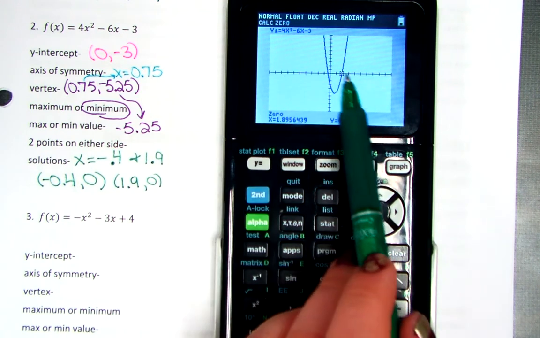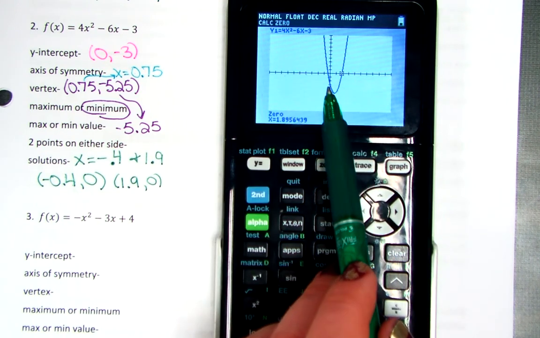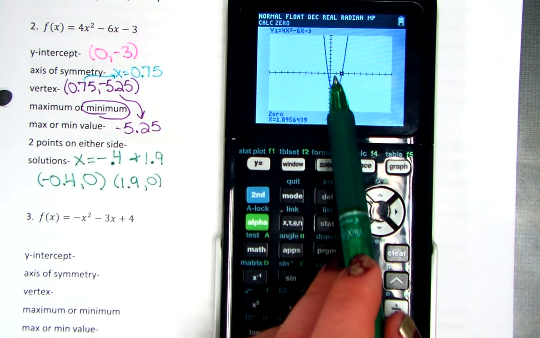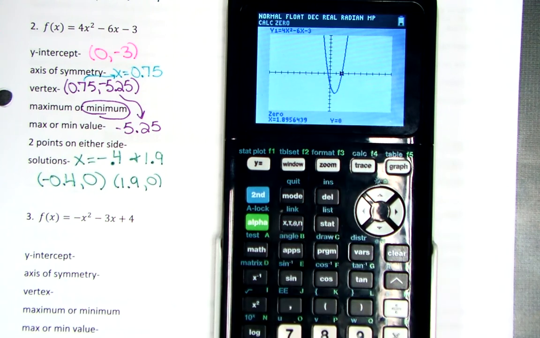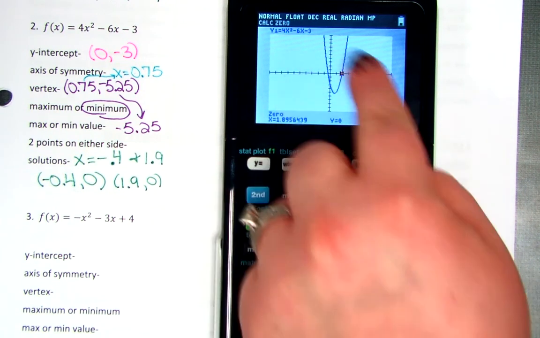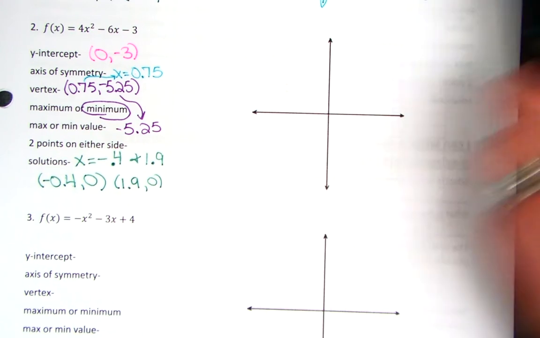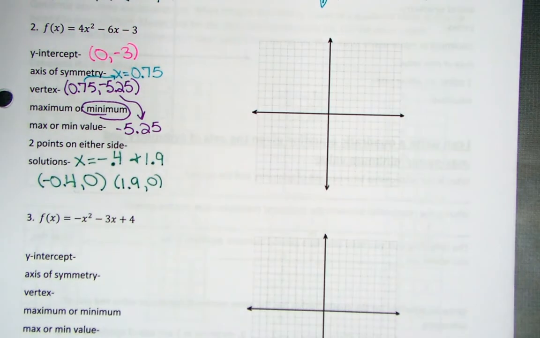So I have 1 point on the right and 2 points on the left from the y-intercept and the solution. So if I mirror the y-intercept, I'll get my 4th point that I need, the second point that's on the right. Everything seems to fit on this graph, so I'm going to go ahead and plot my points.